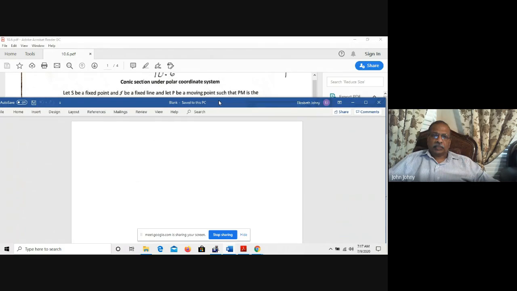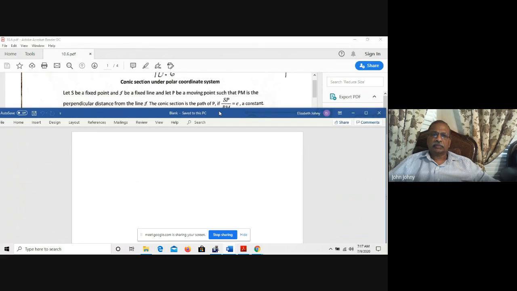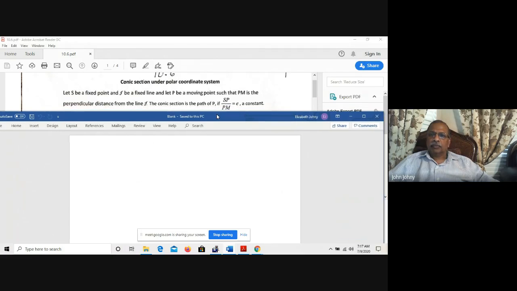Let S be a fixed point and L be a fixed line, and let P be a moving point such that PM is the perpendicular distance from the line L. That is, M is the point on the line L closest to the point P. The conic section is the path of P if SP over PM is equal to E, a constant. That is, P moves in such a way that SP over PM is equal to E, a constant.